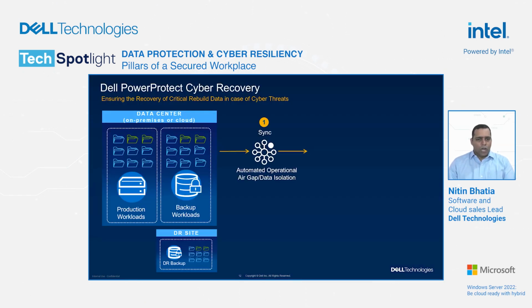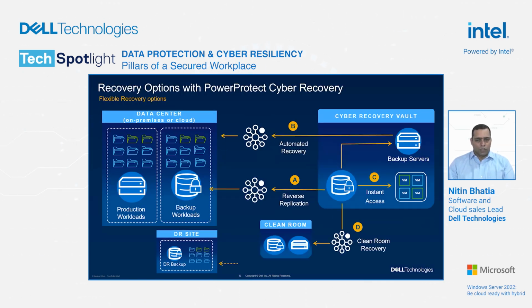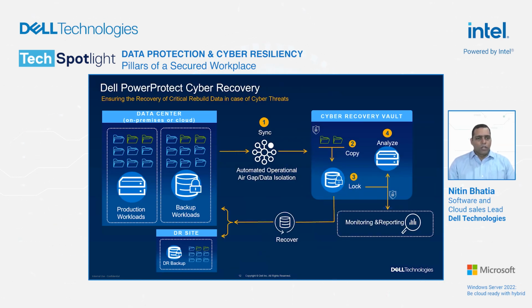Let's quickly get into the architecture of how things work. When you're building this in your data center, we are speaking about an air-gapped architecture where the data is isolated. Once a day, the vault syncs your data from the production workloads. This sync operation is then terminated.